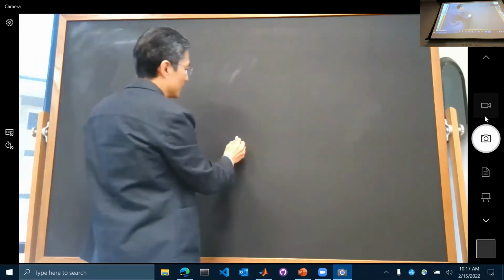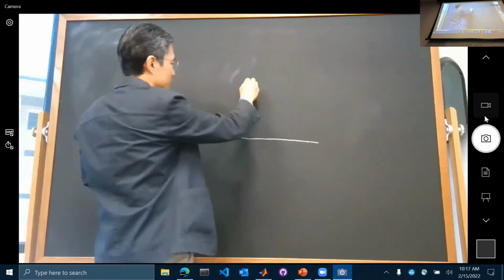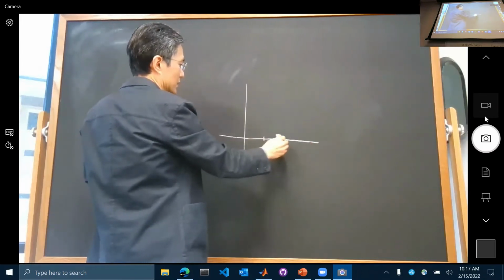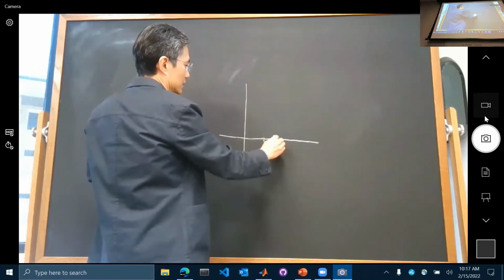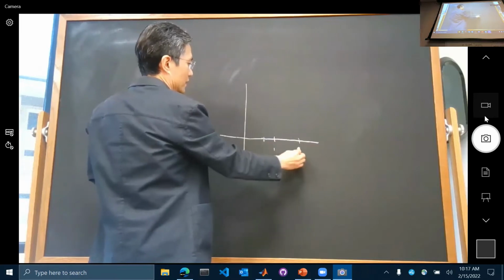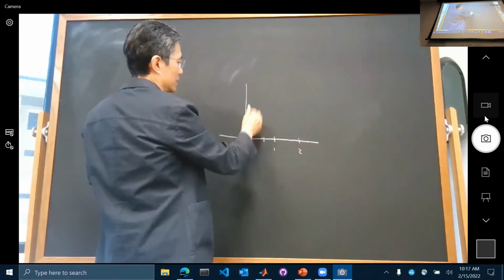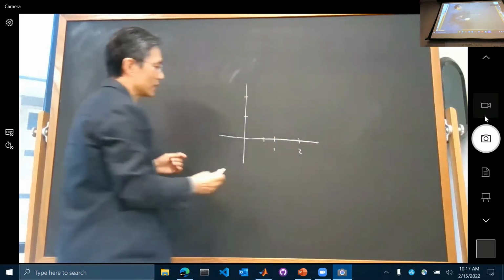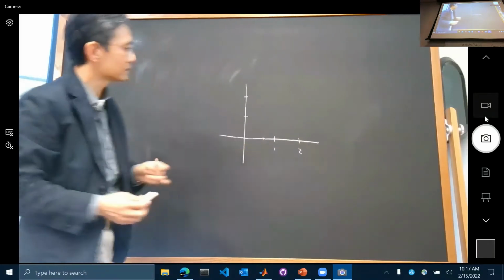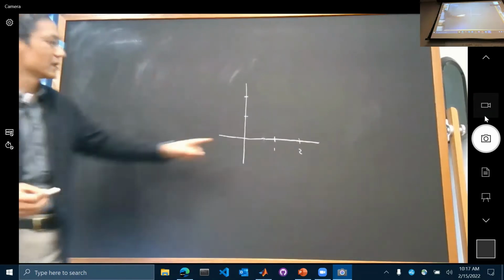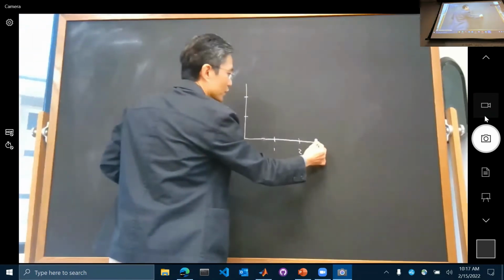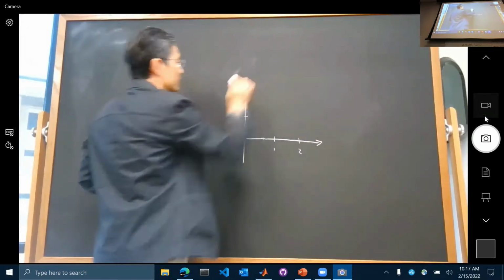Let's see. I have my current coordinate system like this, 1, 2, similarly. I can define this coordinate system using two vectors.